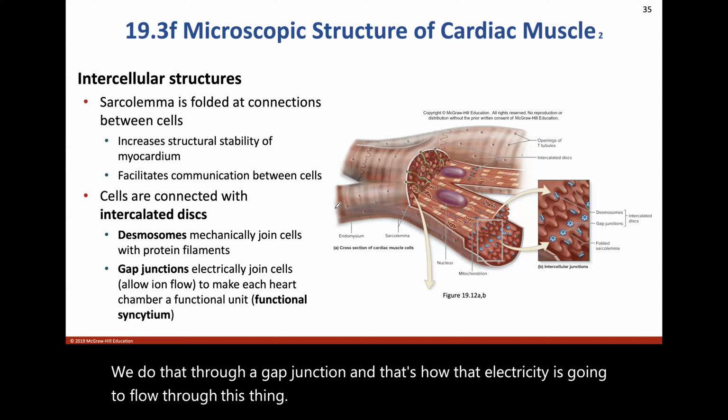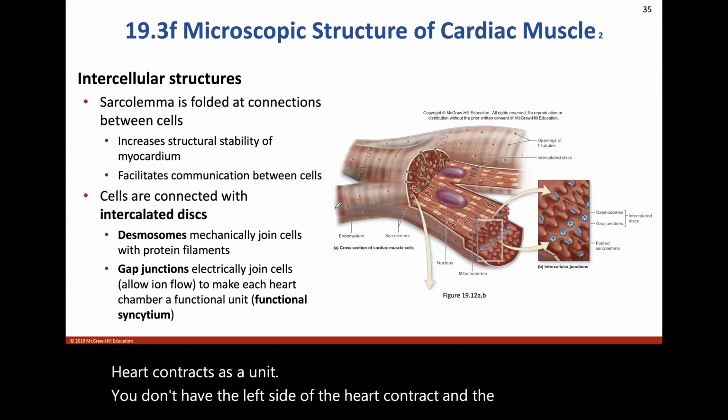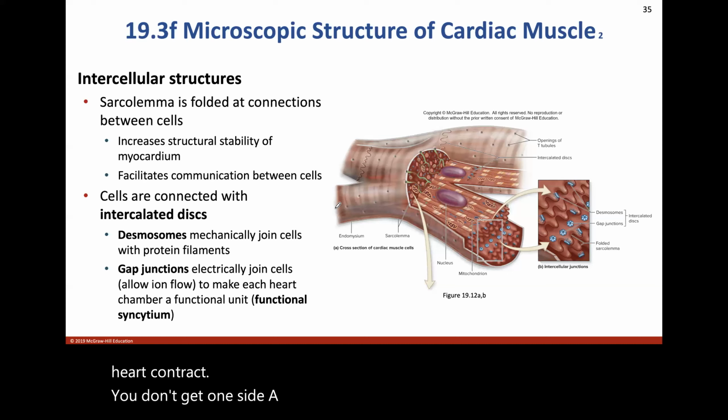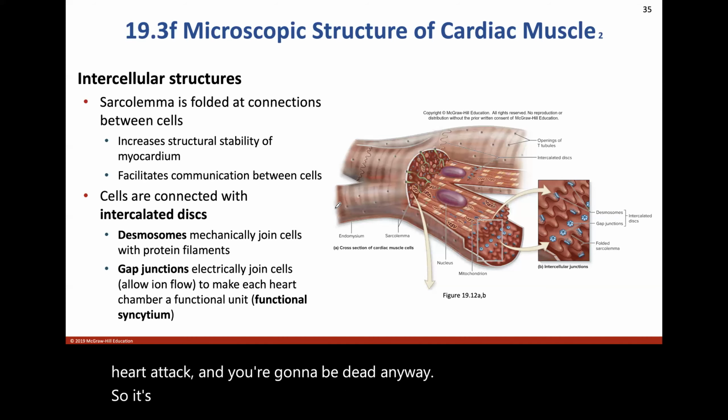We call this a functional syncytium. The heart contracts as a unit. You don't have the left side of the heart contract and the right side of the heart contract. If only one side is pumping, then you're having a heart attack and you're going to be dead anyway. So it's not conducive to life.